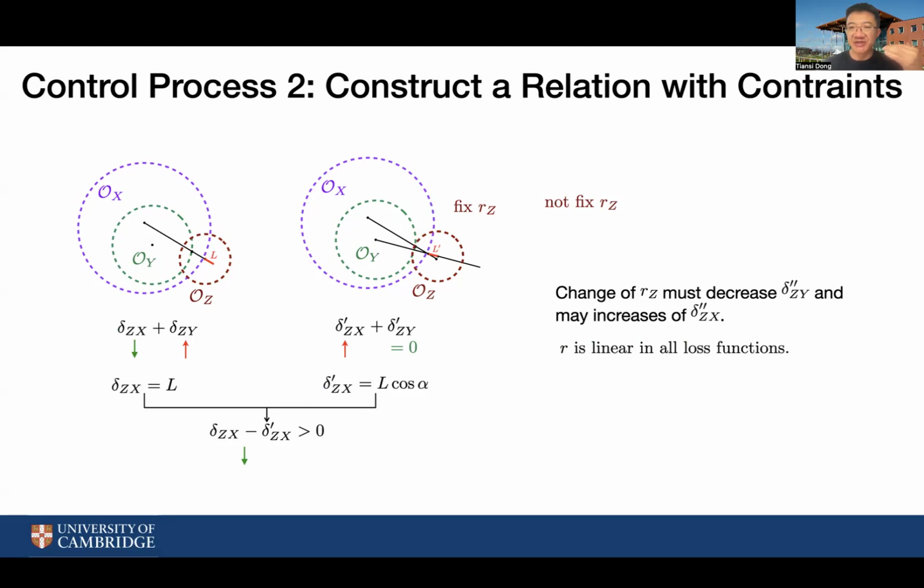So even if it increases the loss between X and Z, the increased loss will be equal to the reduced loss between Z and Y. So they will be equal in the worst case. Therefore, the overall process is still a gradient descent.